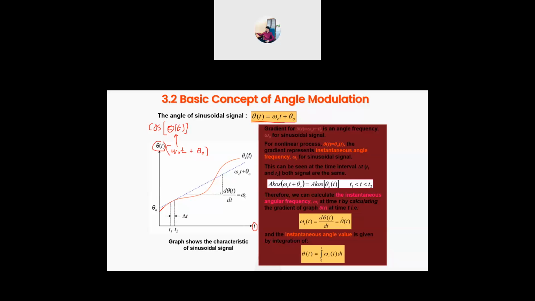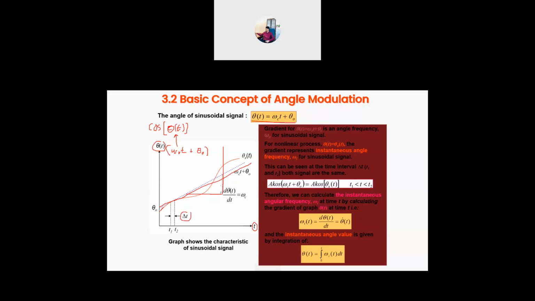Taking this for example, if you want the time sampling, you can take this from t1 to t2, then you can measure the gradients. If you take a straight line, the blue one, then you measure the gradient by taking two points.